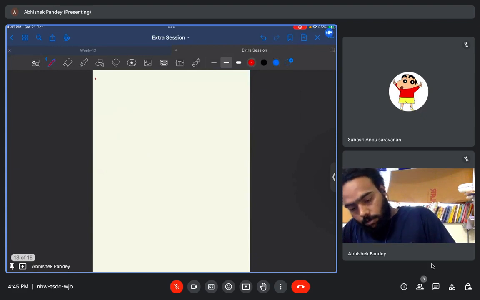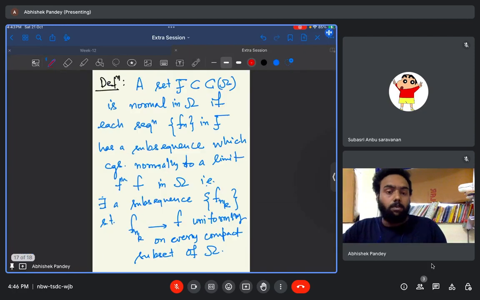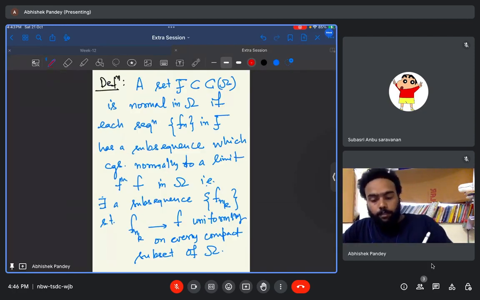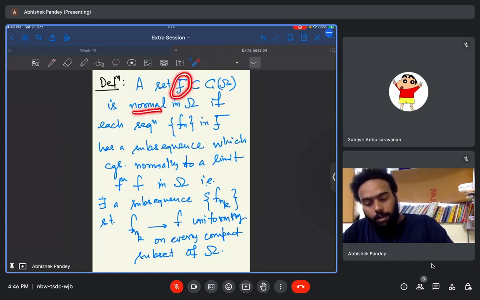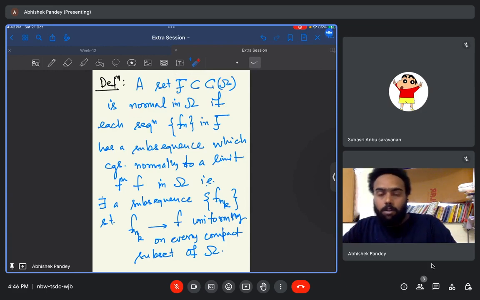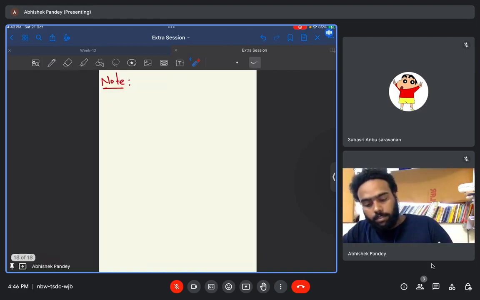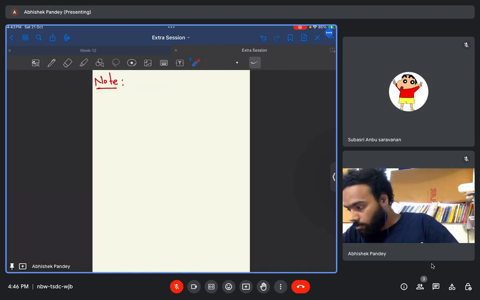One thing to note is that this definition looks like sequential compactness. But there is a difference between F being normal and F being sequentially compact. In the case of sequential compactness, the limit function also belongs to that set. In this case, this may not be the case. That is the difference between a normal family and a sequentially compact family.